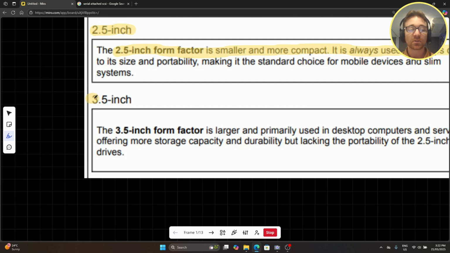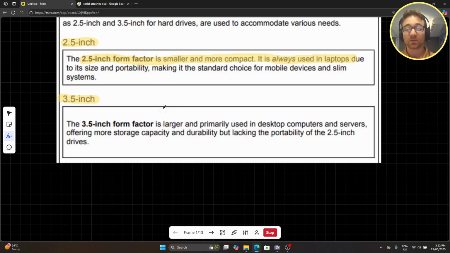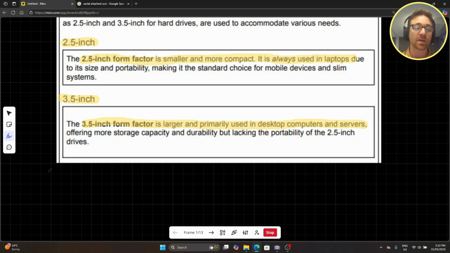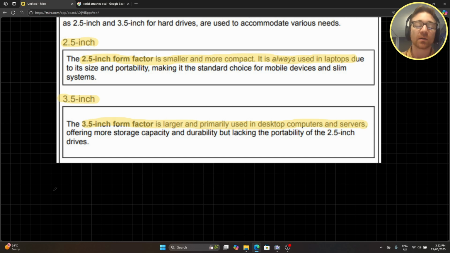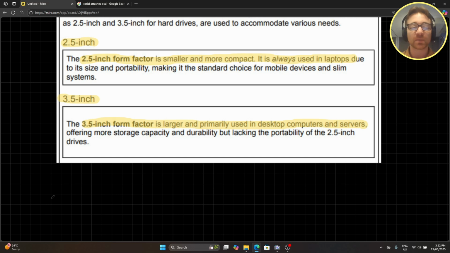However, the 3.5 inch is a larger form factor, right? 3.5 inches is bigger than 2.5 inches, and is primarily used in desktop computers and servers. So if you got a desktop or a server, it's a safe bet you're using a 3.5 inch form factor, which just means how big it is, what shape the hard drive is. The word form factor just means what shape is it and how big is it, essentially.